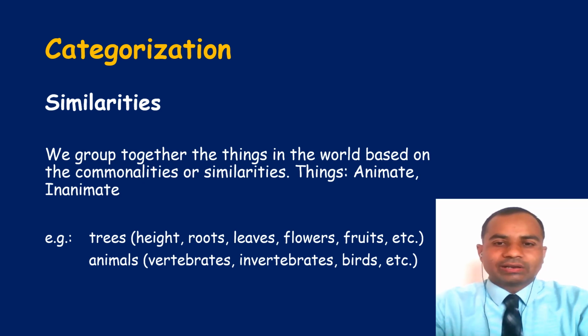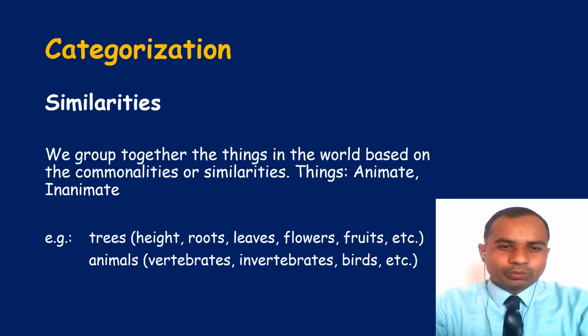So what is categorization? Our brain from our birth categorizes things. Most of the things are automatically, cognitively categorized on the basis of similarities or some commonalities or some common analogies. So we group many things together on the basis of similarities.